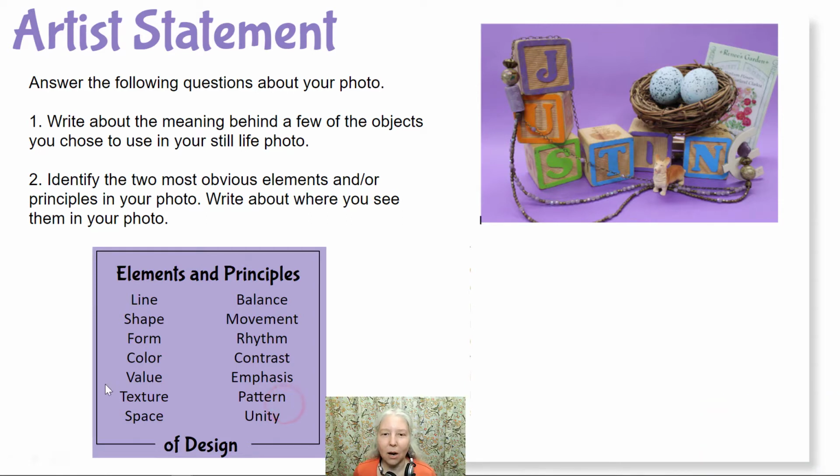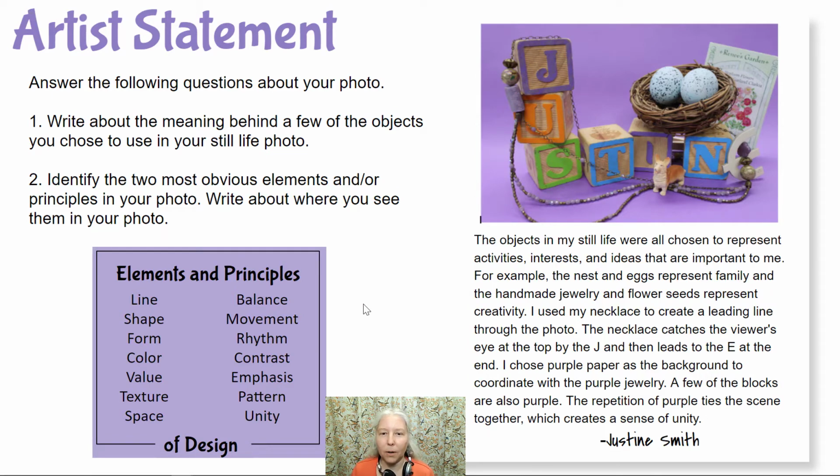This is my artist statement that I wrote for this photo. The objects in my still life were all chosen to represent activities, interests, and ideas that are important to me. For example, the nest and eggs represent family, and the handmade jewelry and flower seeds represent creativity. I used my necklace to create a leading line through the photo.